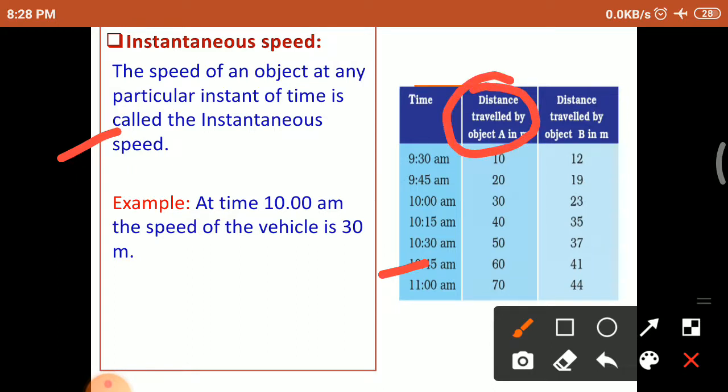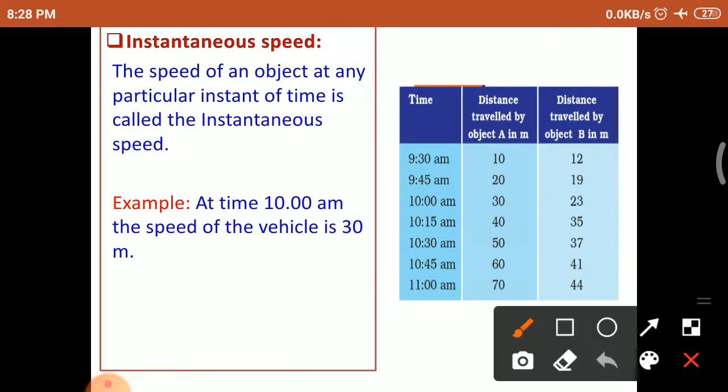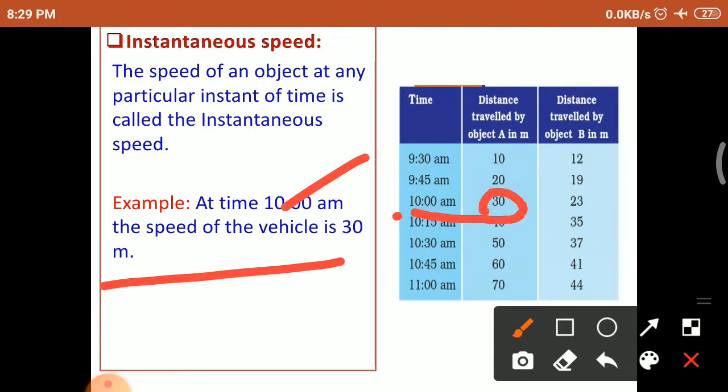The speed of the object is 60 and object B that is 41. So the speed of an object at any particular instant of time is called instantaneous speed. Example, at a time 10 a.m. the speed of the vehicle is 30 for object A and 23 for object B.